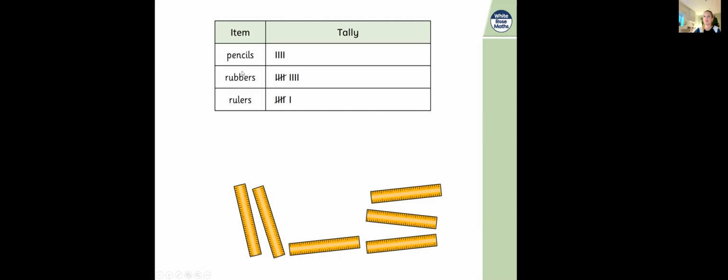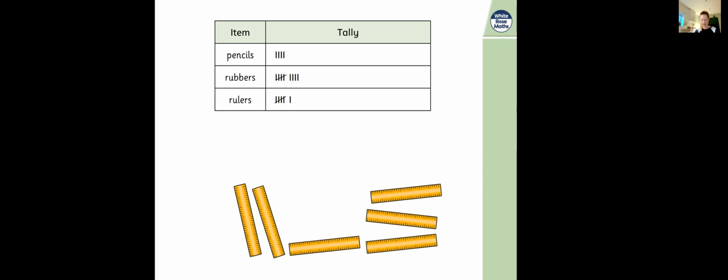Job done. Let's go to pencils next. How many pencils did they tally in total? Let's count. 1, 2, 3, 4. 4 pencils. So hopefully you drew 4 pencils in your box.